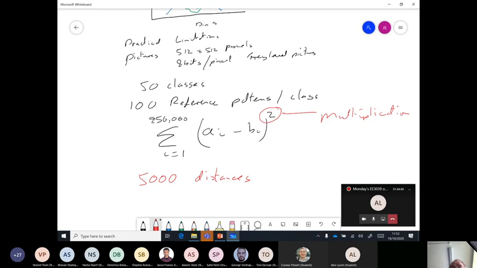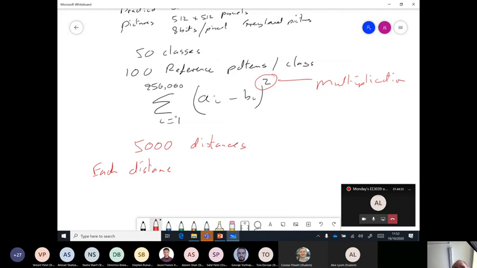Now, for each distance, because we've got 256,000 pixels, it is going to be 256,000 summations.